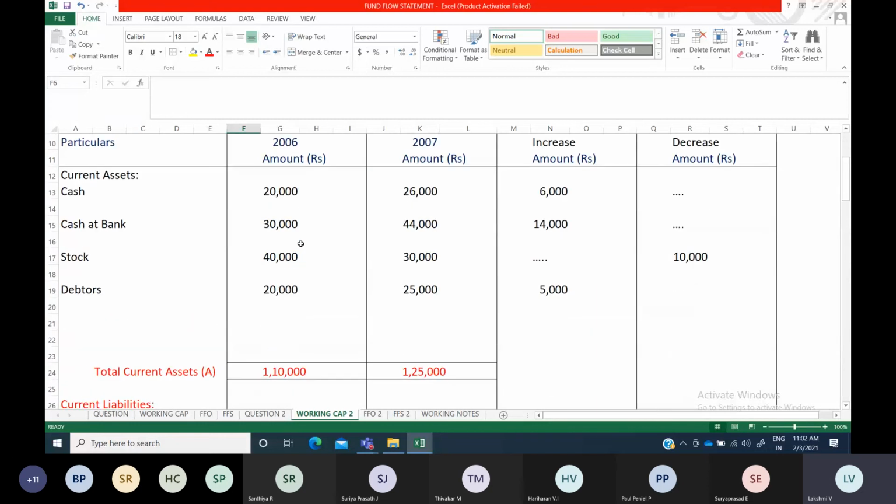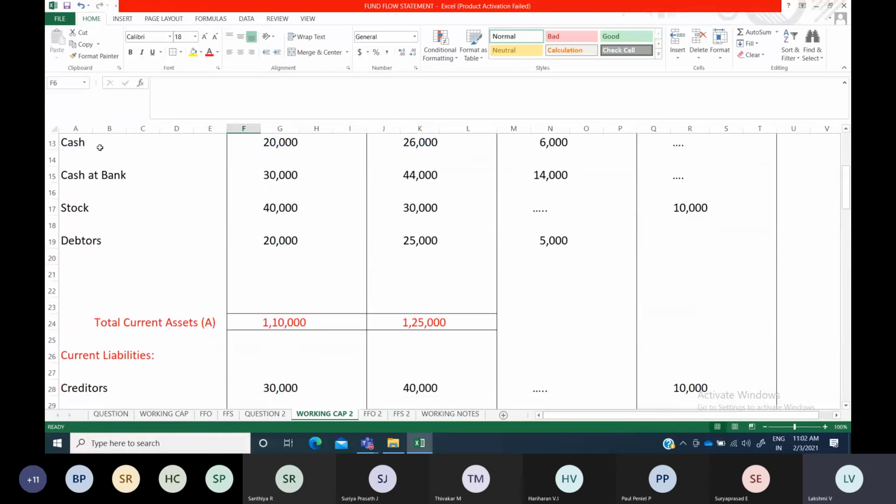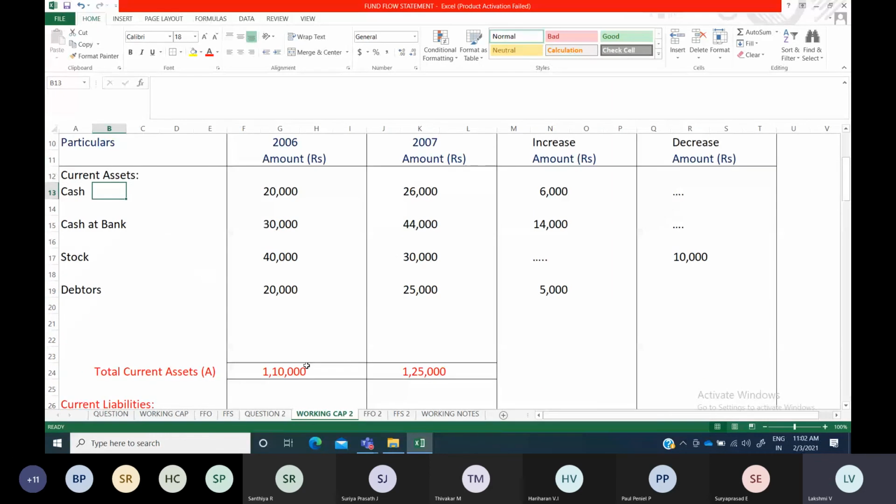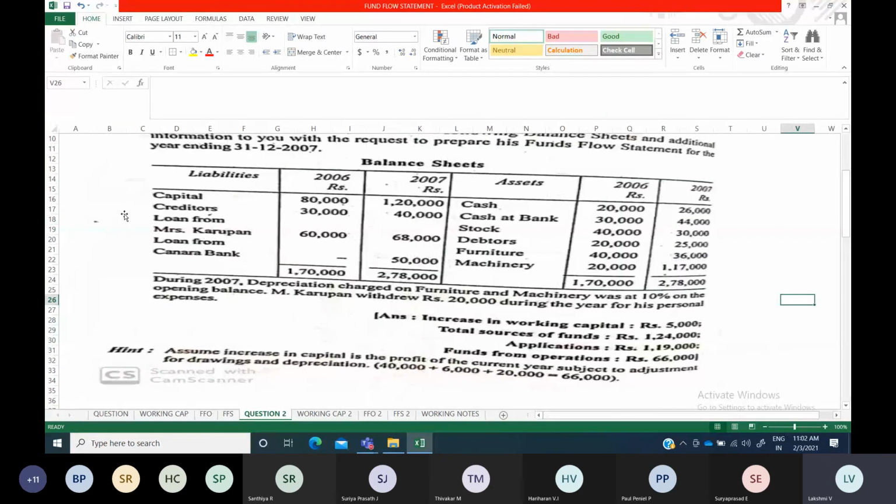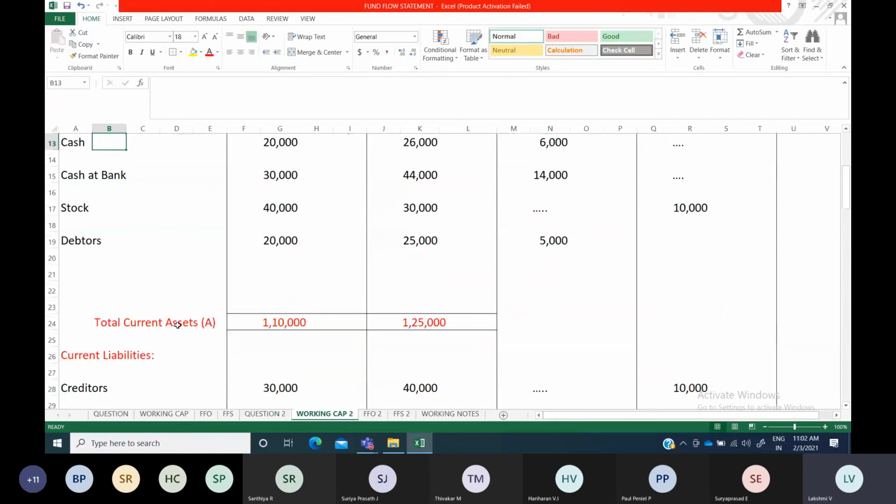Okay, so like this only you have to prepare, and from the balance sheet question you have to take out only the current assets and only the current liabilities. You have to skip all the fixed assets, intangible assets, long-term liabilities, capital, depreciation, drawings, everything. You have to take only your current assets and current liabilities.